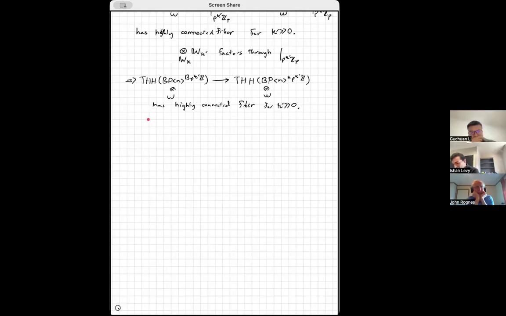So the point is that both of these are bounded above in cyclotomic spectra. And so if the fiber has connectivity that's strictly larger than the bound on both of these cyclotomic spectra, then the fiber had to be zero. If you have two bounded objects and the fiber is too highly connected, then it just had to be zero.